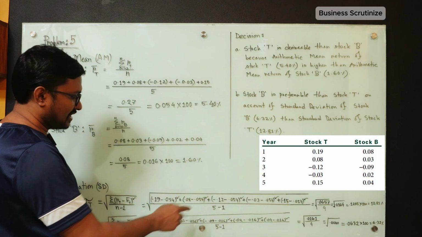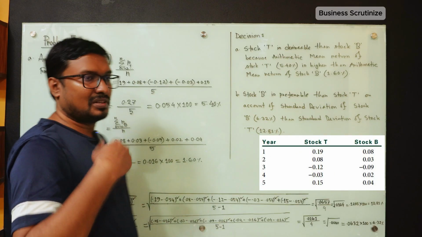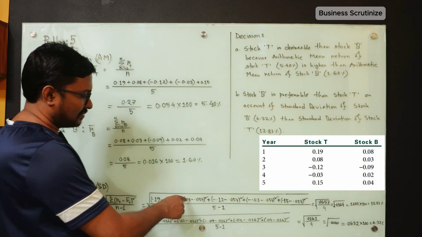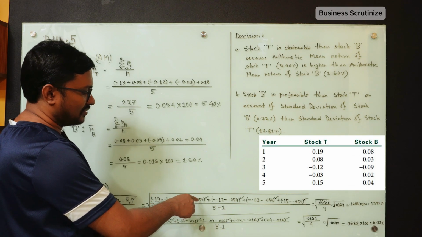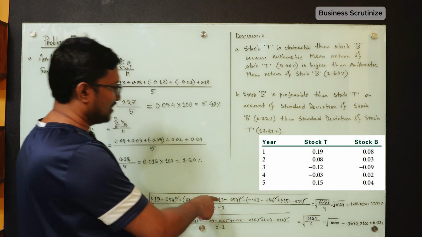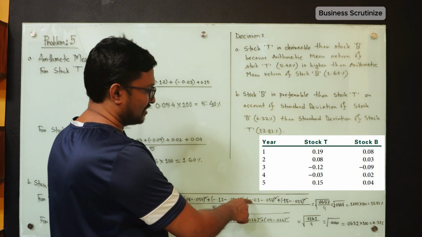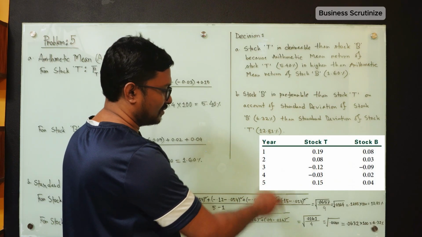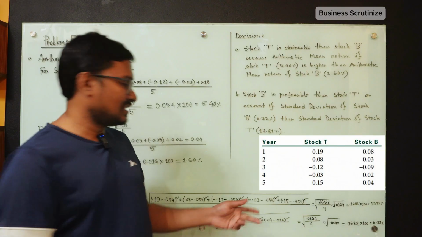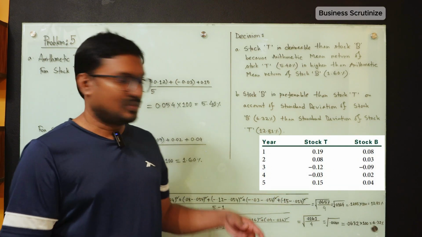For every one of the 5 years we write the same mean return: 0.19 minus 0.054 whole square, plus 0.08 minus 0.054 whole square, plus the third year's return, 0.12 minus 0.054 whole square, plus minus 0.03 minus 0.054 whole square. In this way, the last year, the fifth year's return, is 0.15 minus 0.054 whole square.